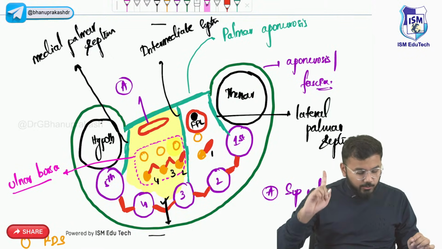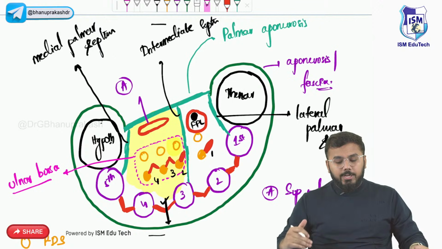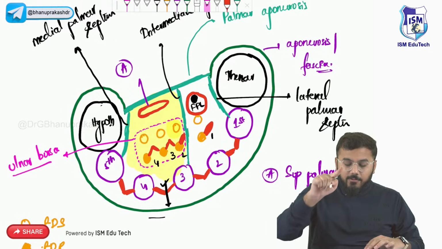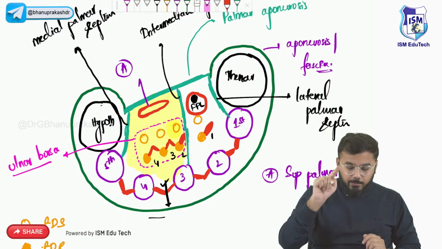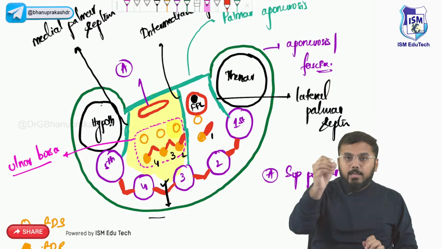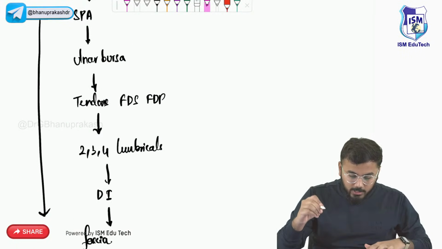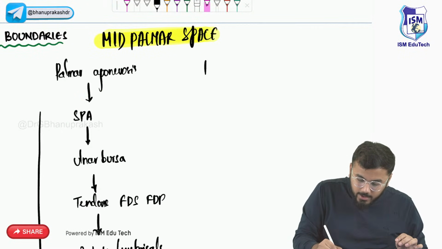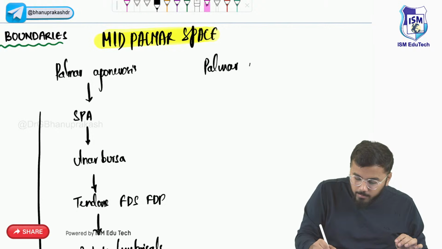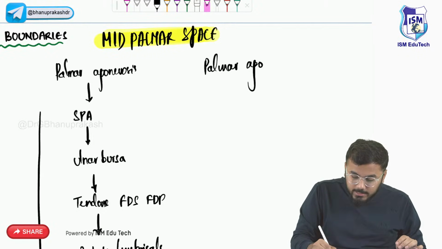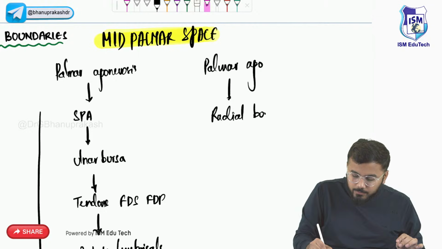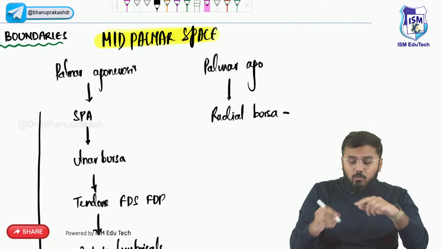Now I am going to ask you a question. From superficial to deep, what are the structures? First, I have got palmar aponeurosis. Second, I have got radial bursa, right? So let me write it down. First, I have got palmar aponeurosis. Just beneath that, I have got radial bursa. Radial bursa is enclosing what?